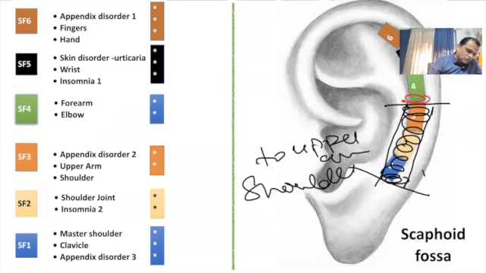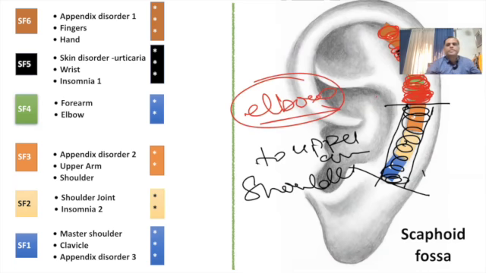Now SF4 onwards we have the part below the elbow. SF4 के बाद से एल्बो के नीचे का पार्ट है. So SF4 will be the elbow, SF5 will be the wrist, and SF6 will be the palm and fingers.